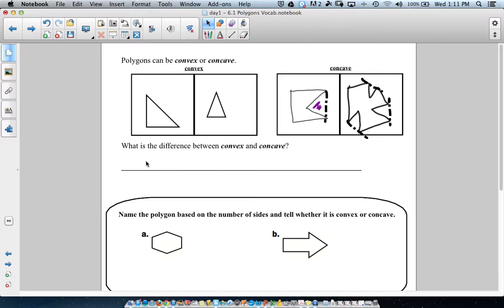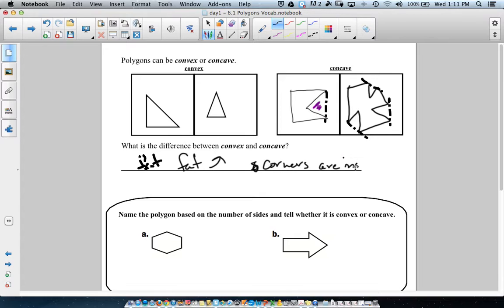Convex is fat. Concave is small, falls in on itself. Corners are inside.